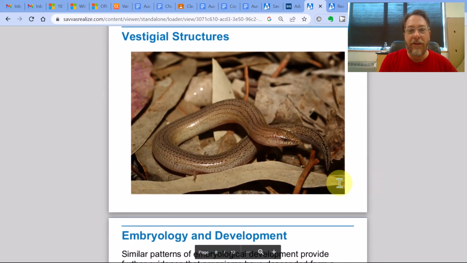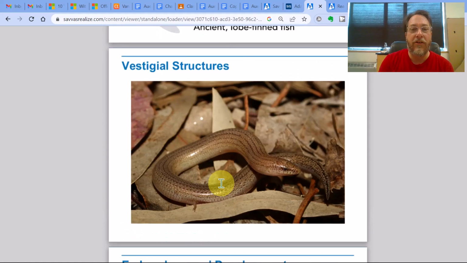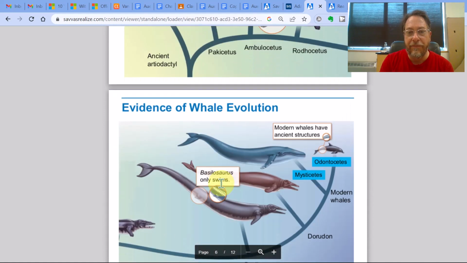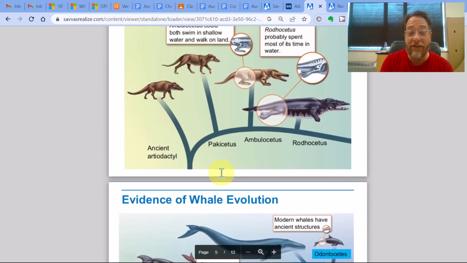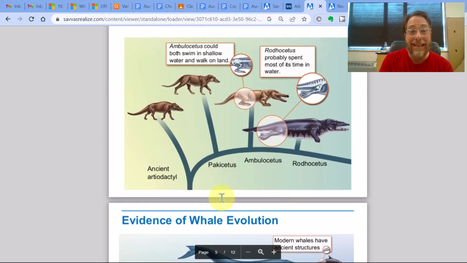The other thing was vestigial structures. Here, what they're showing you in this picture is this leg of a snake, a vestige of when snakes had legs, of which there are other things too. Like here, if you look closely under Basilosaurus, which is an ancestor of modern whales and dolphins, it has a vestige of when it was a land animal.